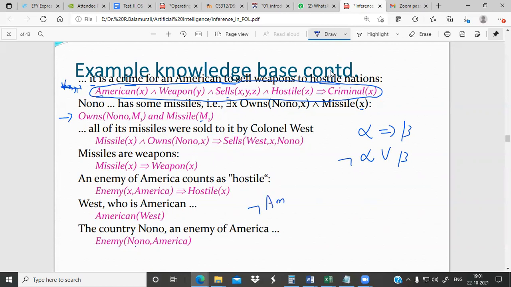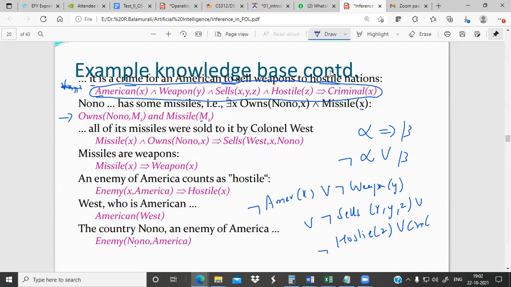So it will be not American of X. Basically the not comes outside, and when you move the not inside, this and will be converted to or: not weapon of Y, or not sells X comma Y comma Z, or not hostile of Z, or criminal of X. So here only this criminal of X is a positive literal, and the remaining are all negative literals.